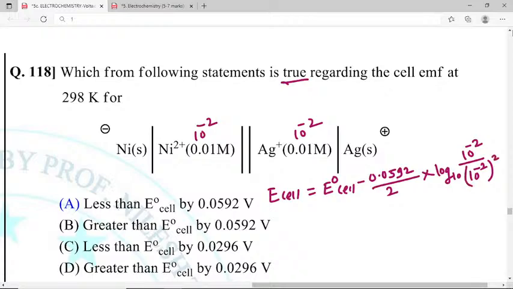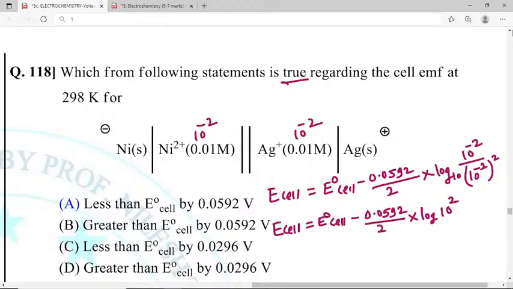So E cell is equal to E naught cell minus how much value? 0.0592 divided by 2, multiply by log to the base 10 of how much value: 10 to power minus 2, 10 to power minus 4, 10 to power 2, 10 to power 2.